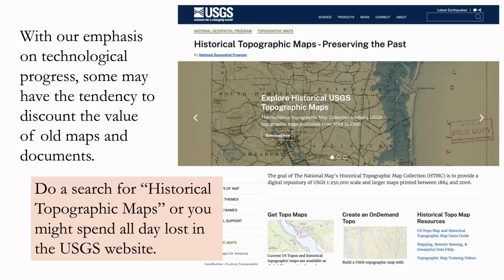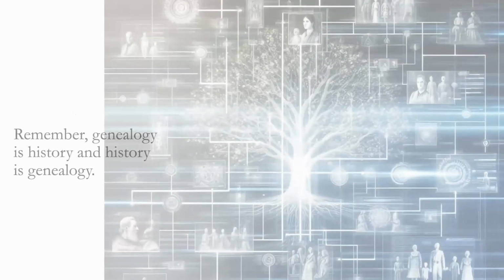But the advantage of topographical maps in this collection is that they were constantly updated. And so we have a series of maps from around the 1880s up to the present of most of the places in what are in the United States today. So this is a very important collection.